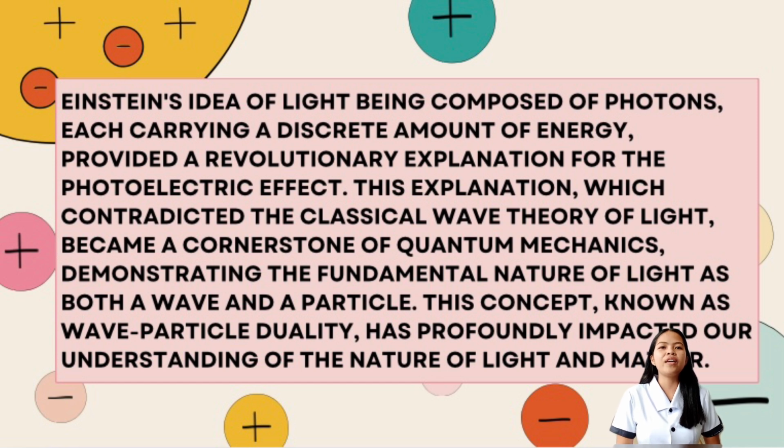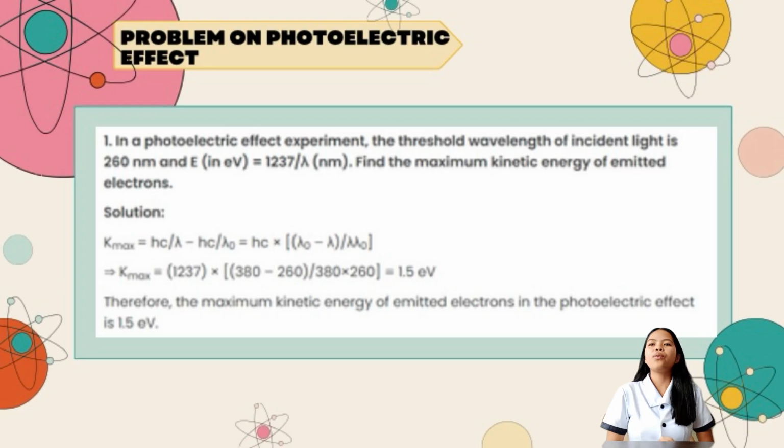So this idea of his contradicted the classical wave theory, proving that light behaves both as a wave and a particle, or what we call the wave-particle duality. This idea of Einstein later on became the foundation of quantum mechanics that changed our understanding of light and matter.